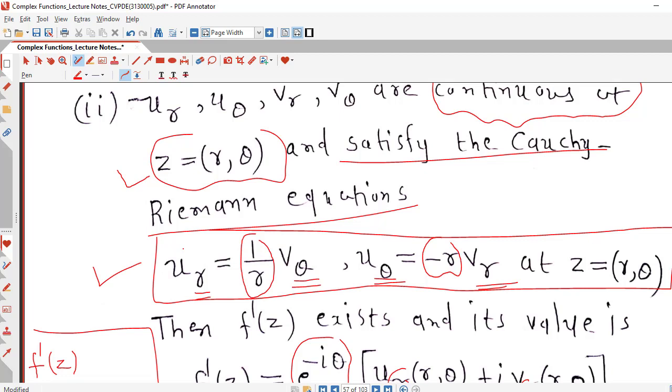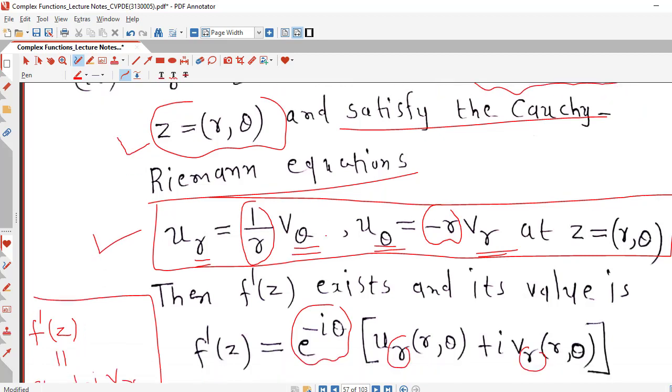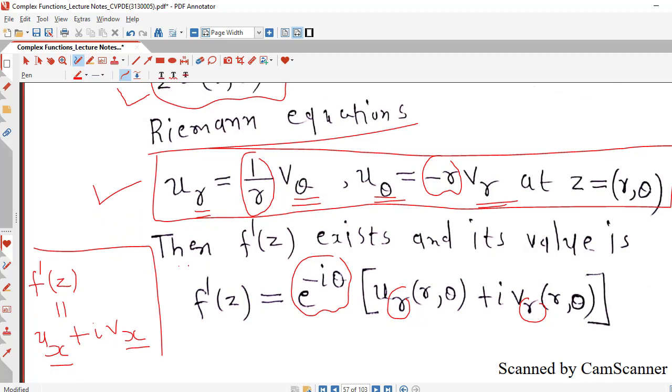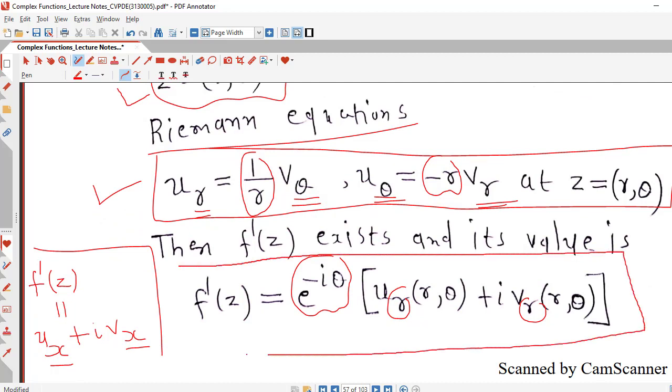In this way you can remember the CR equations in polar form. Also remember the formula for the derivative of a complex function in polar coordinates. The derivative is e raised to minus i theta times del u by del r plus i into del v by del r at a point (r, theta) where the function is differentiable.